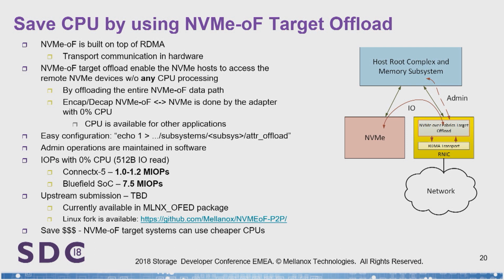of CPU. The target, as I said, receives the packet from the initiator and posts the NVMe command. It translates the NVMe over Fabrics command to an NVMe command, posts it to the NVMe submission queue, and generates an NVMe over Fabrics response capsule when the NVMe device finishes the command.